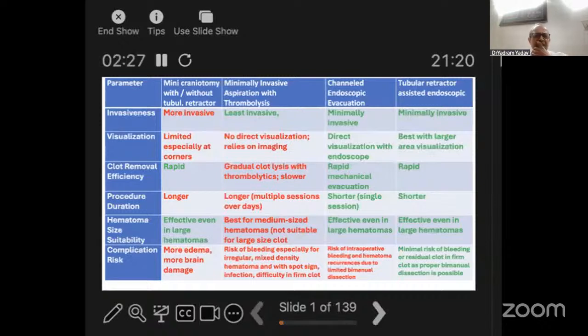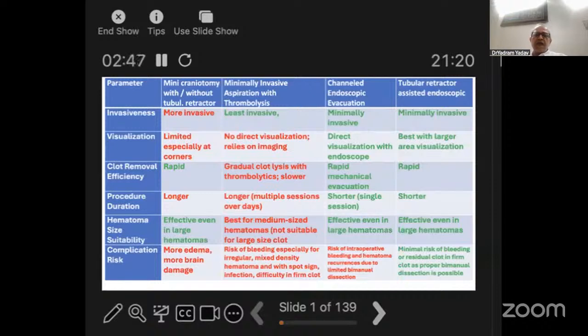So it's a blind technique and requires multiple sessions over the days for effective clot removal. So on day 1, you cannot remove the whole clot. So you need some time, and it is generally unsuitable for large and mixed density hematoma.